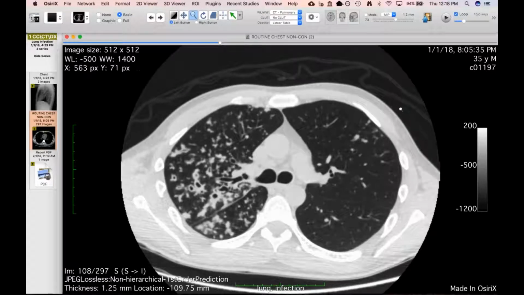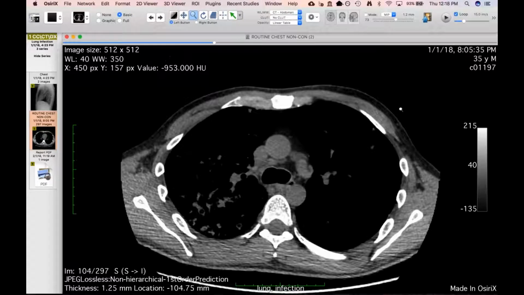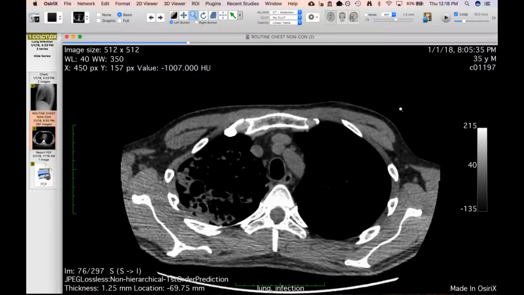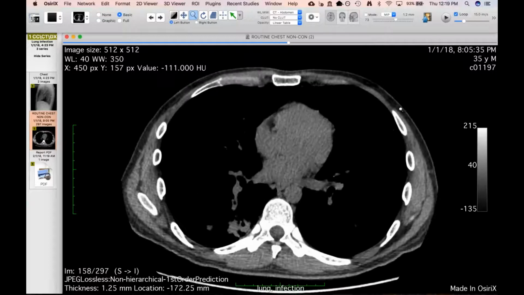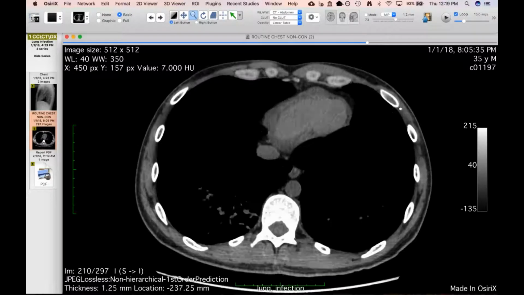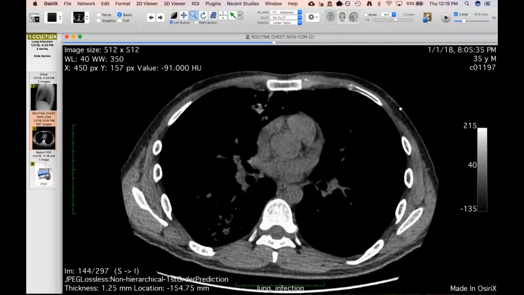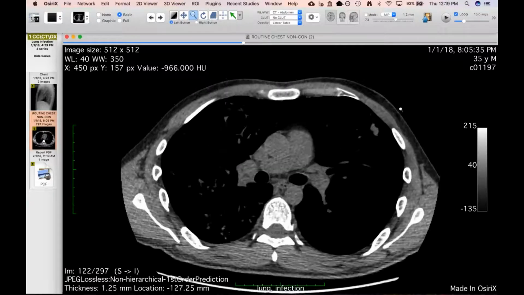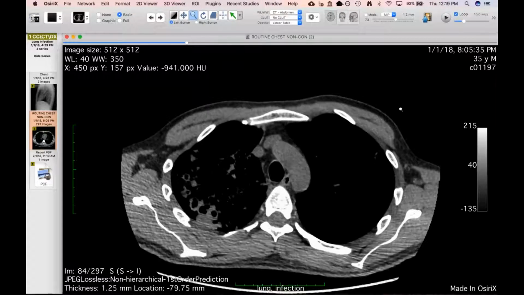Hey, Travis, can I see the soft tissue windows? Is there any internal mammary lymph node enlargement here? I'm just curious. And what makes you curious about that? Well, we're noticing more and more that in many TB cases there's internal mammary lymph node enlargement, many more than you would expect.